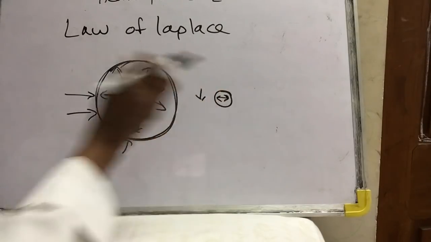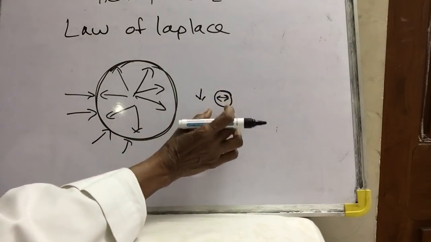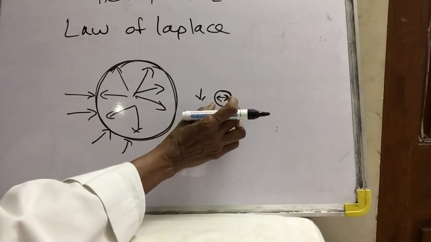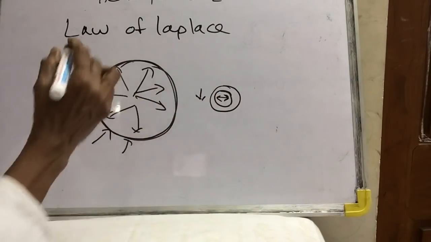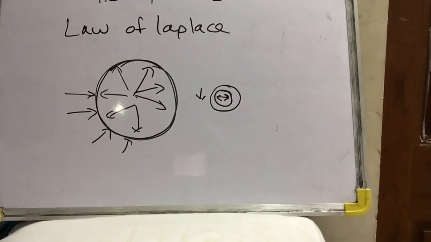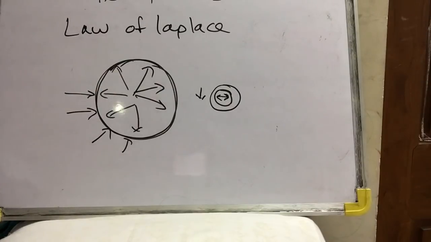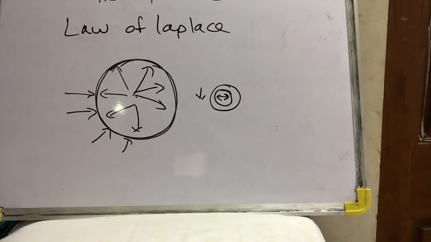Though they are very thin walled, they don't get ruptured because of this aspect. Because of the lesser radius, the tension surrounding the vessel is less, so they are less prone to rupture, though they are thin walled.